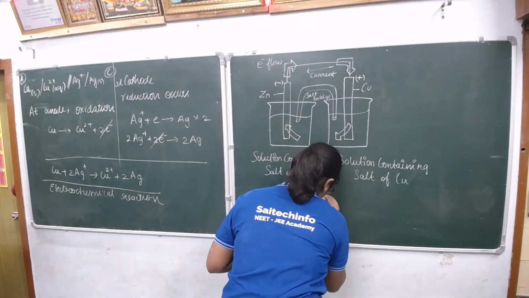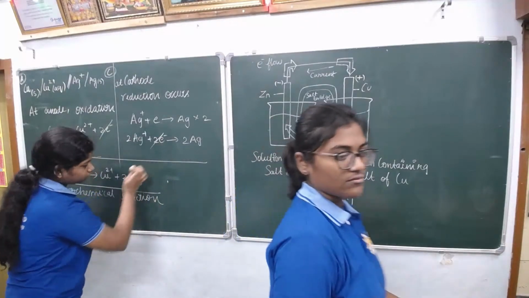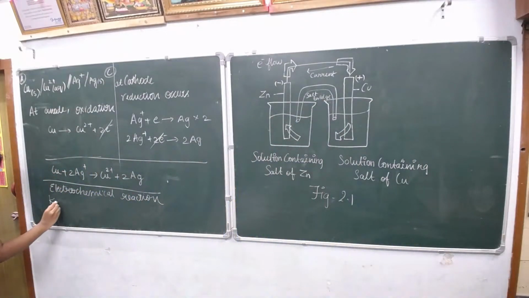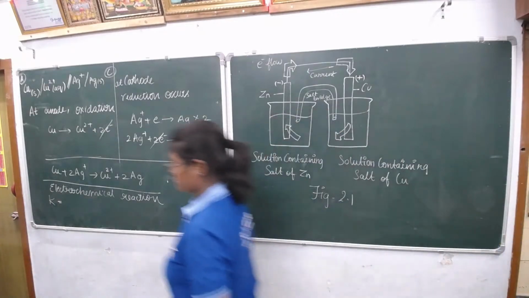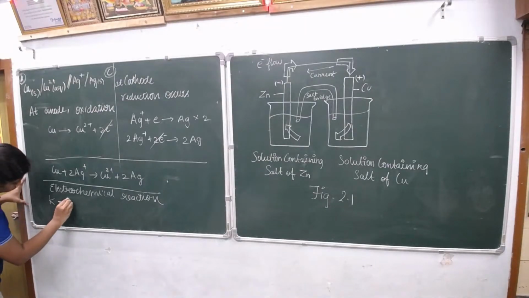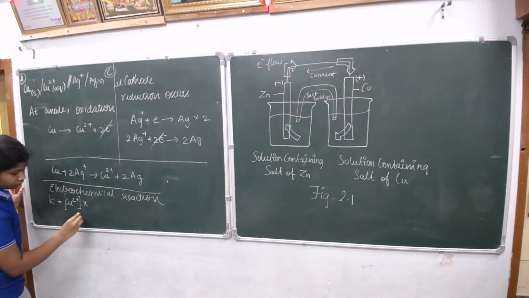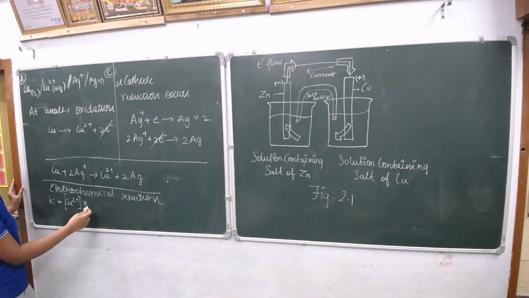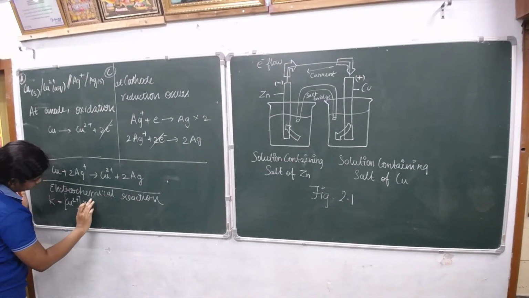So capital K, the equilibrium constant, is equal to the concentration of Cu2+ in square brackets divided by Ag+ whole squared. You have to apply the law of active mass.